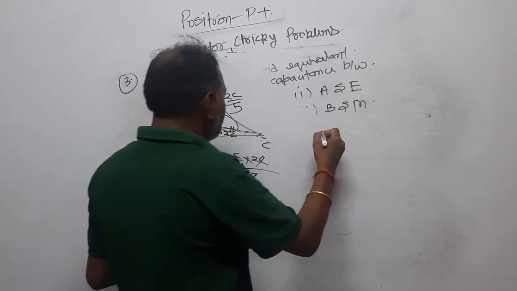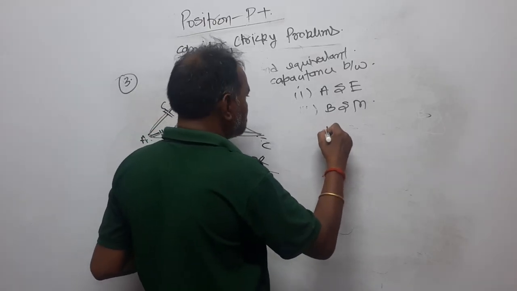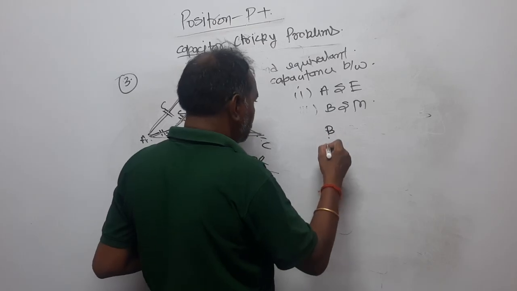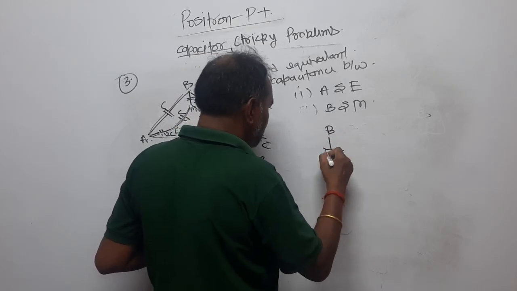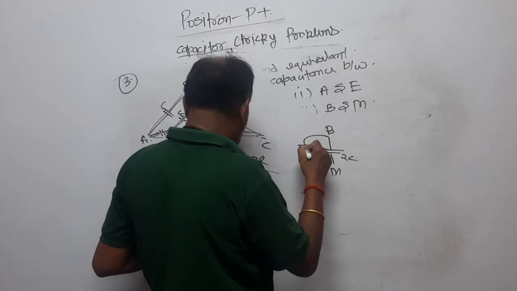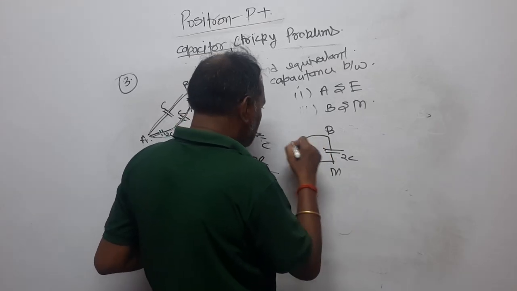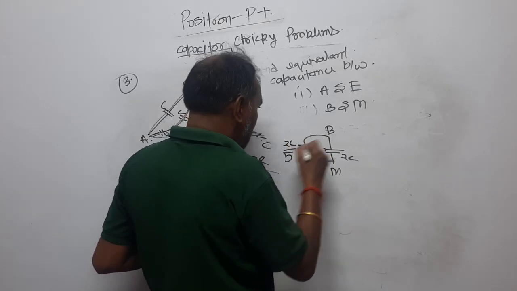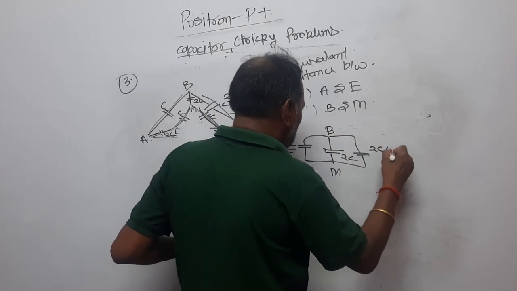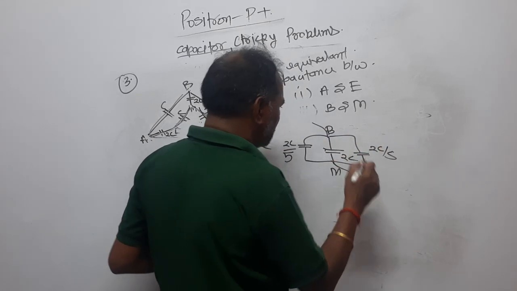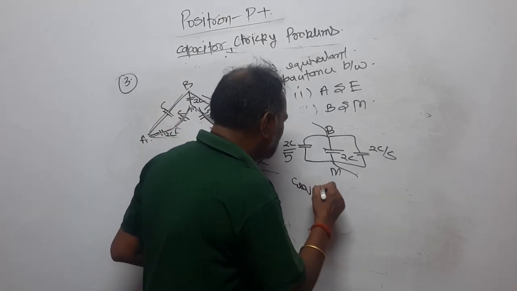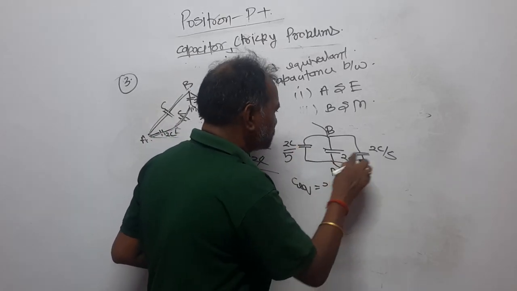And so if you redraw the circuit, this was the point B, this was the point M. Between B and M there is a capacitor of 2C, and this circuit has 2C by 5, and this circuit has equivalent 2C by 5. Now between B and M the equivalent capacitance will be 2C upon 5 plus 2C plus this.